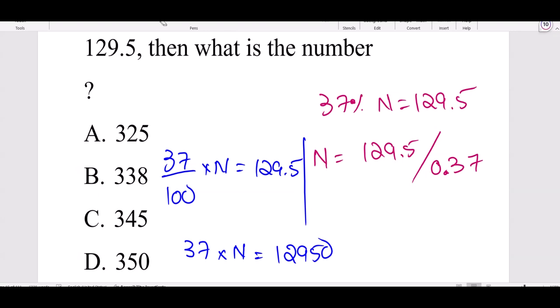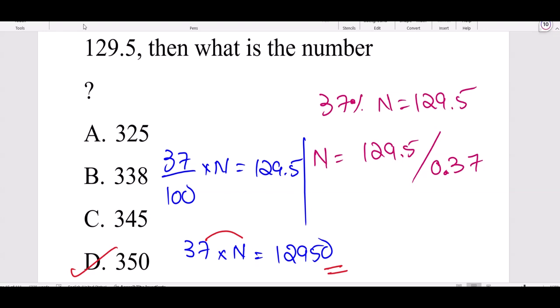Okay, now see, n should be 350 only. Why? I have to end with 0. N should be in such a way that 37 multiplied with that should end with 0. Here 7 is there, n should end with 0, then only 7 into 0 ends with 0. Units place. No calculation, no division, no calculator, nothing required.